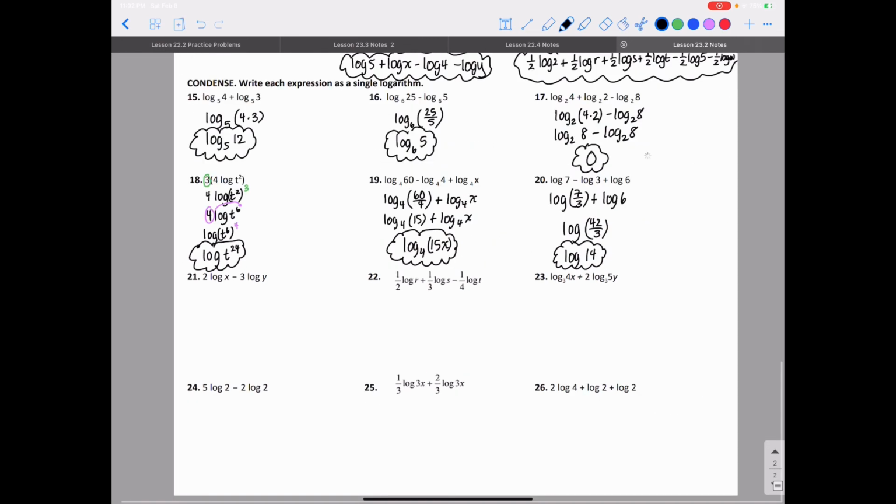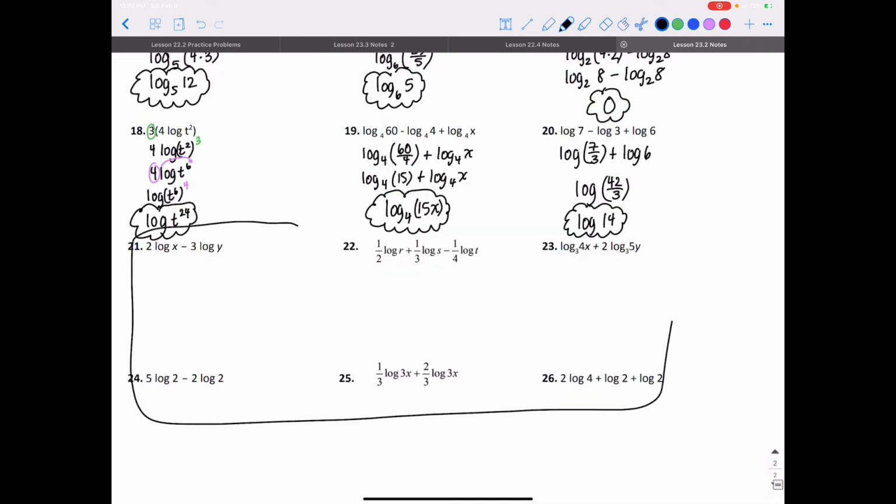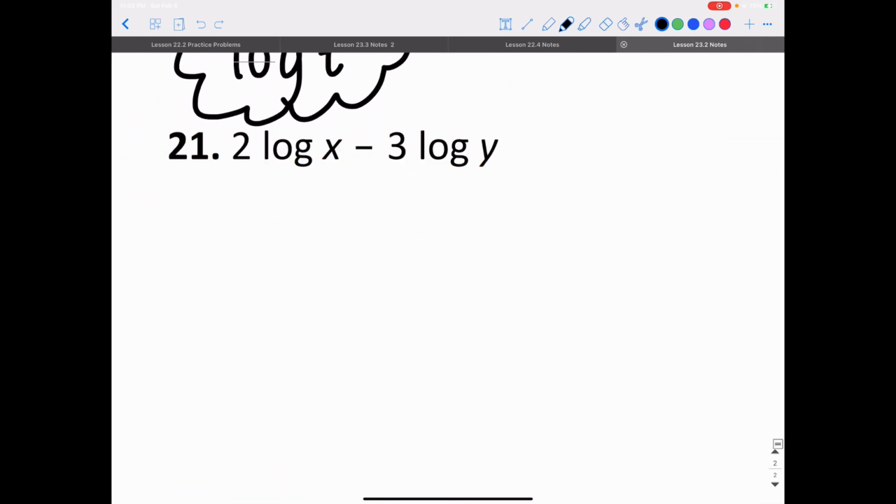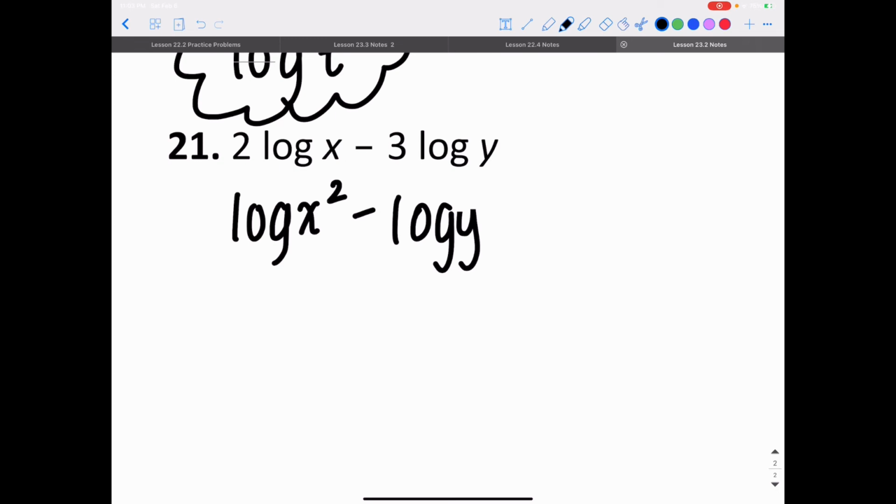I want you to try these on your own. For 21, I have 2 log of x minus 3 log of y. First thing I know, in condensed form, I can't have coefficients. So I have log of x squared minus log of y to the 3rd power.